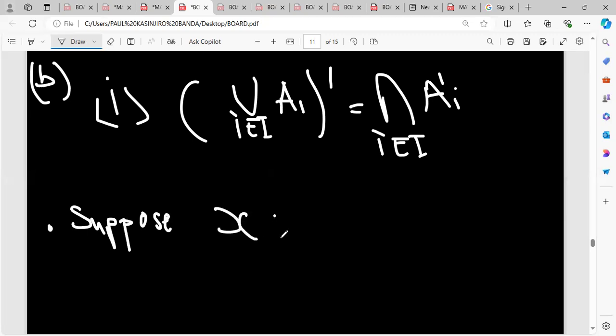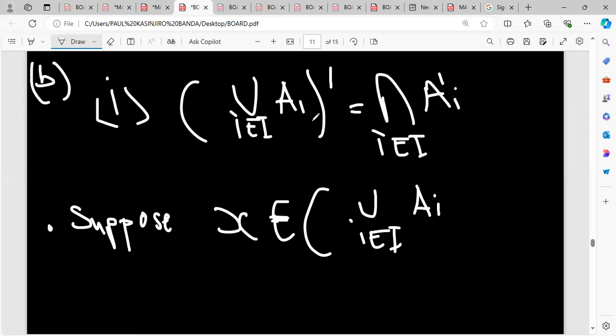Suppose that x is a member of this set that we have here, the complement of the union over i in I of A_i. Then we know by definition of a complement that x will not be a member of this same set without the complement, right?